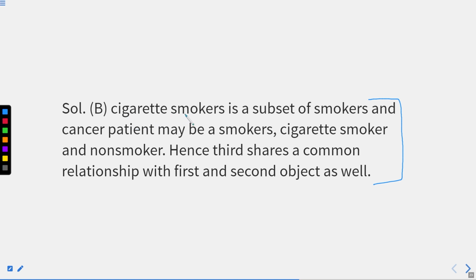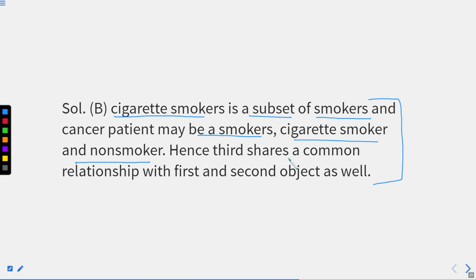Cigarette smokers is a subset of smokers. Subset means they are also called smokers, right? And a cancer patient may be a smoker, a cigarette smoker or a non-smoker, anything, right?